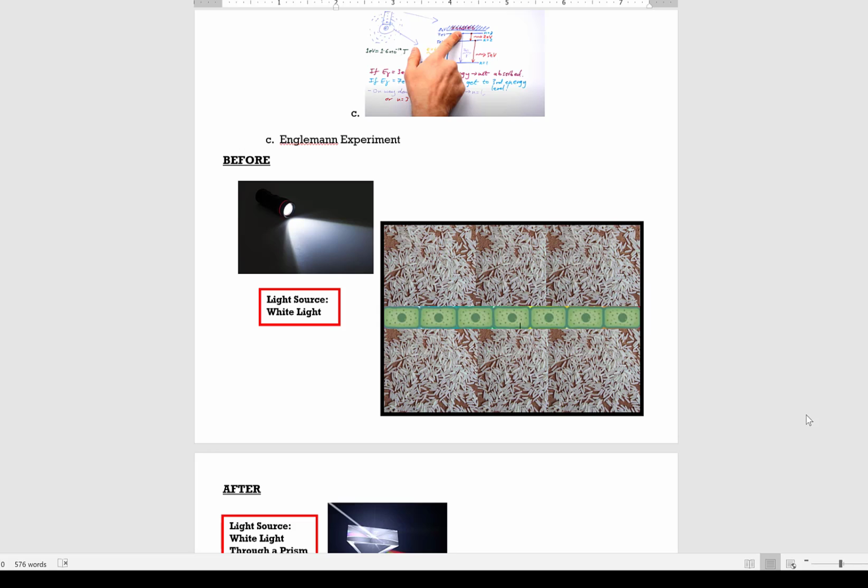Last video, we ended with our discussion on what light is and the electromagnetic spectrum and the energy associated with photons with different wavelengths. Scientists originally knew that photosynthesis was converting light energy from the sun into chemical energy.